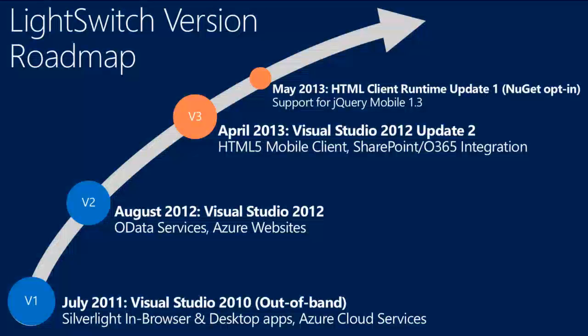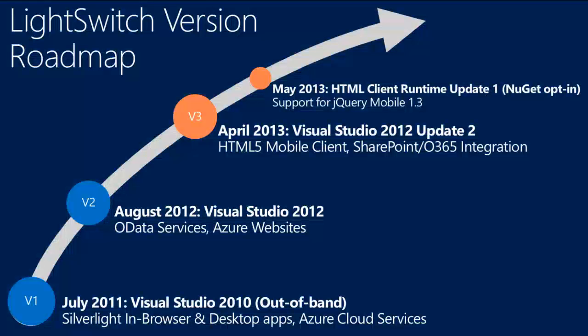Then we released a small update in May when jQuery Mobile 1.3 released, like a client runtime update. This is to make sure that when you're building a LightSwitch application with the HTML client, you stay current with how fast JavaScript libraries evolve, so that you're not left behind. Okay, so you can opt in to the runtime update if you'd like.